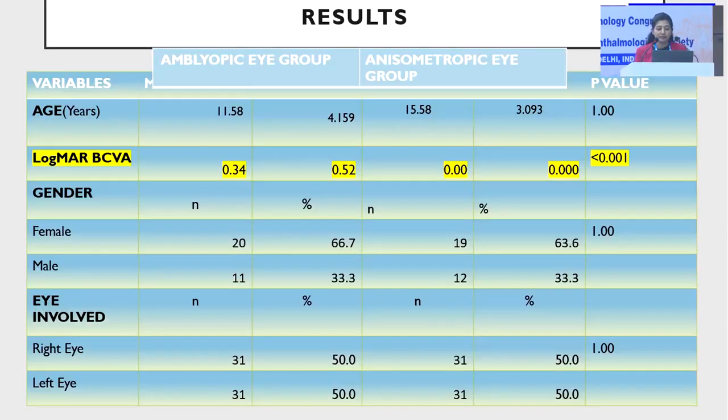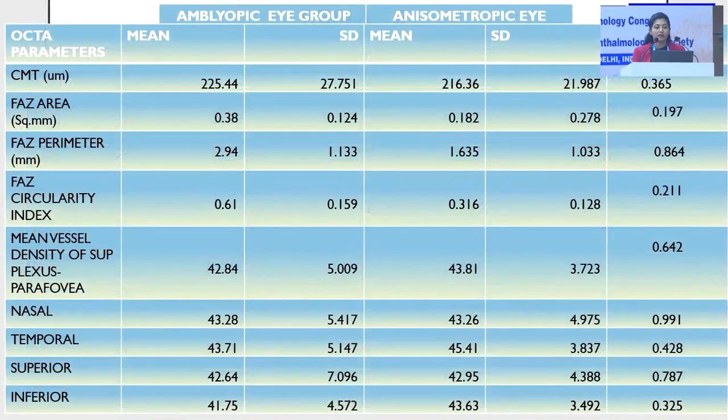These are the results. In amblyopic group, the average age was 11.58, and in anisometropic group it was 15.58. Our parameters were the central macular thickness, and in OCTA, FAZ area, FAZ perimeter, circularity index, and the mean vessel density of the superficial plexus in the parafovea.